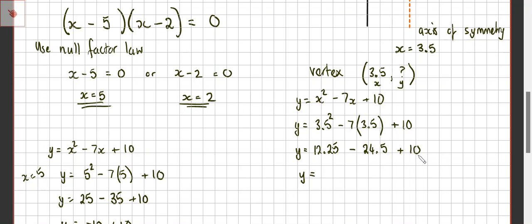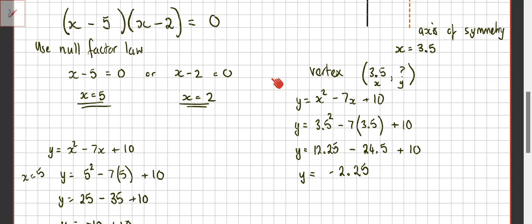Yeah, it still says error. 12.25, subtract 24.5, plus 10. Negative 2.25. Did you use this one? 12.25. Show me what you did. Do it again. So we've got y equals negative 2.25.